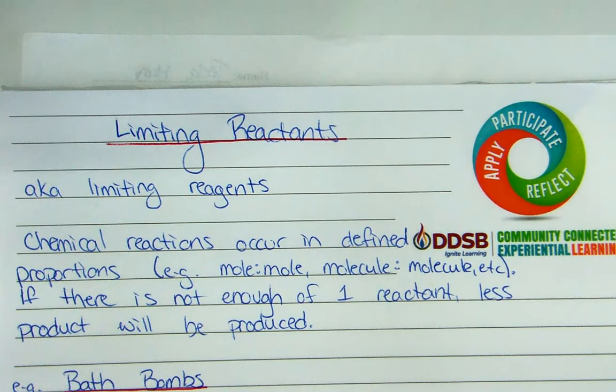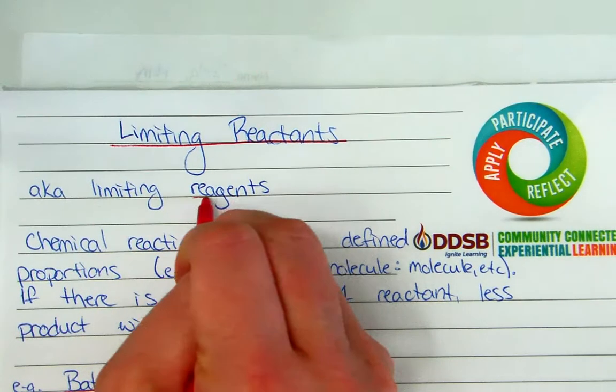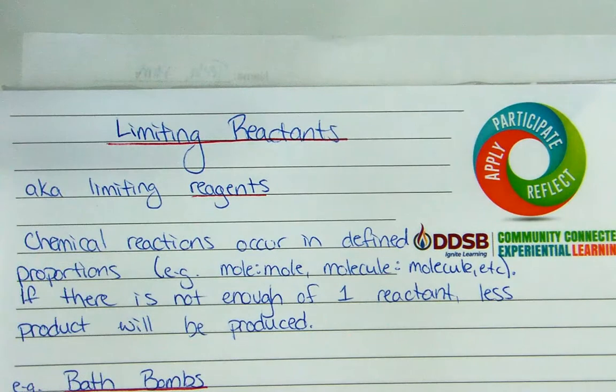But what are limiting reactants? You will see the term interchangeably with limiting reagent. I even switch back and forth between those terms, so just recognize both. We need to understand that chemical reactions are occurring in defined proportions, right?